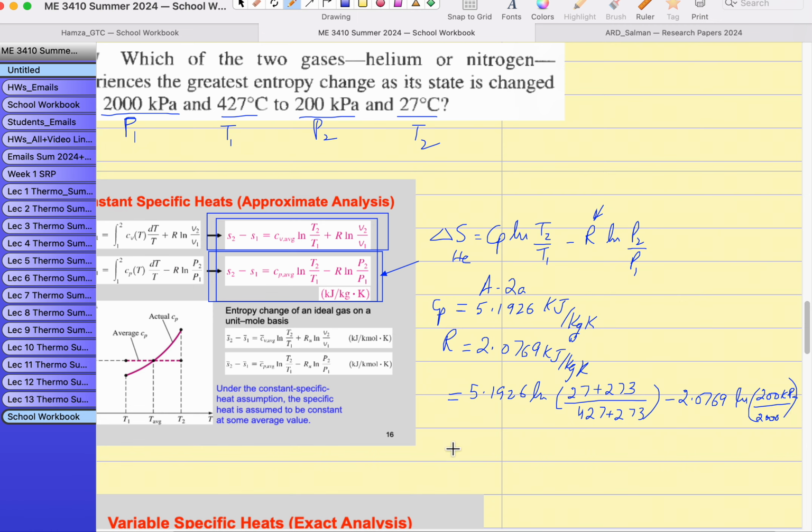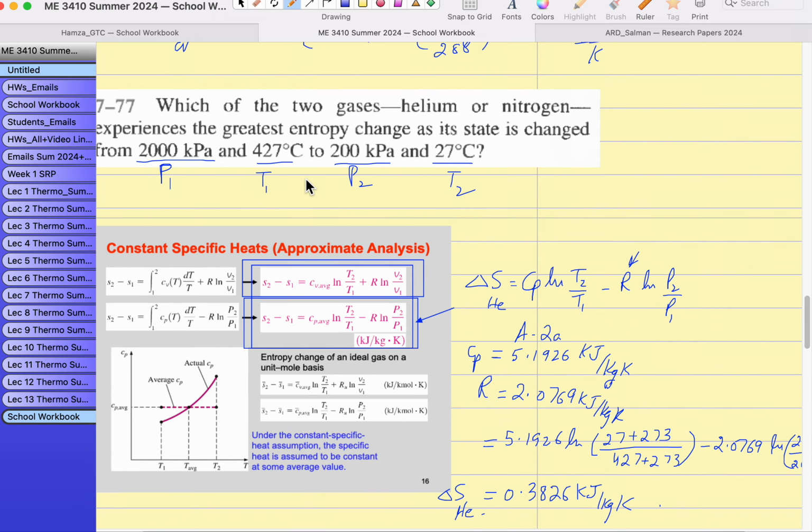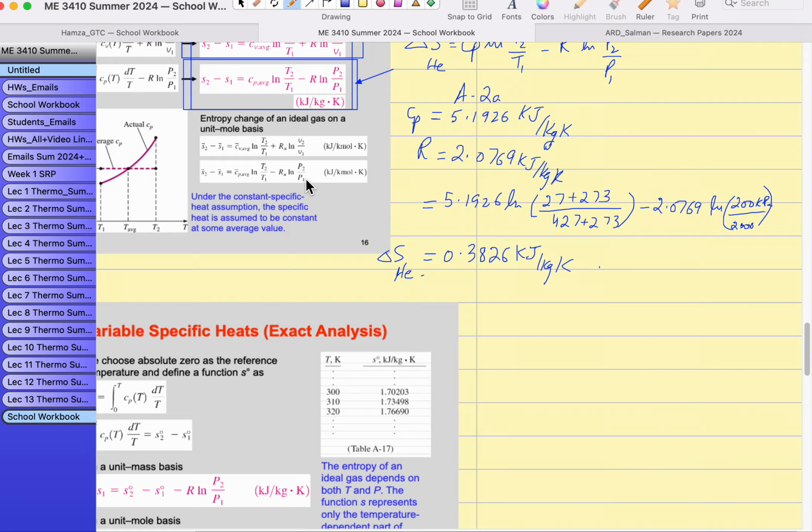If you solve for this, you get about 0.3826 kilojoules per kilogram Kelvin. This is our entropy change for helium.